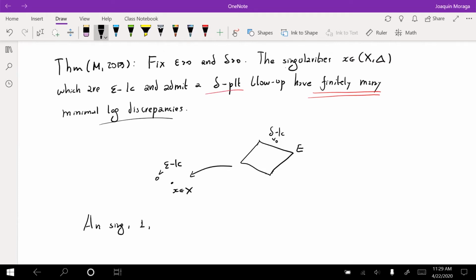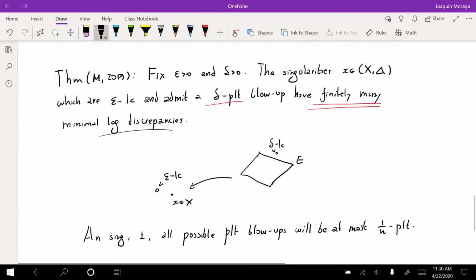If you do any Plt blow-up of an A_n singularity where n increases, all possible Plt blow-ups will have log discrepancy at most 1/n.